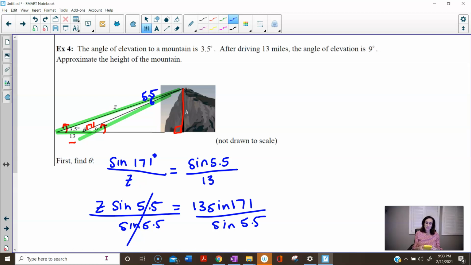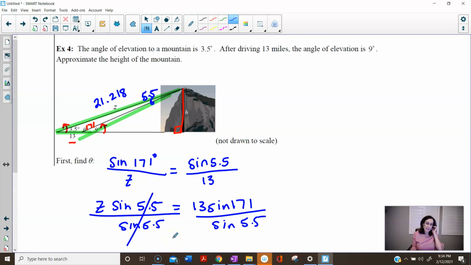You want to make sure that your calculator is in degree mode, because if you're not in degree mode, you're going to get something like negative 17.994, but that's not correct. So you have to be in degree mode, and the length of that side, Z right here, is 21.2179, so 21.218.